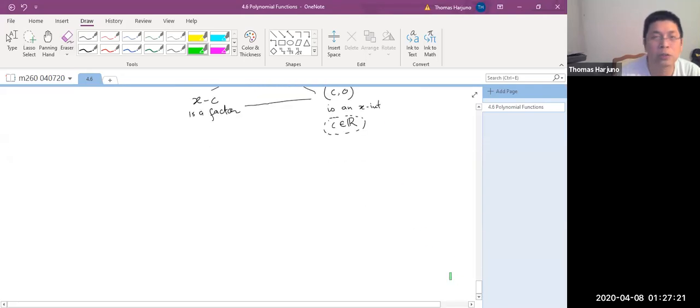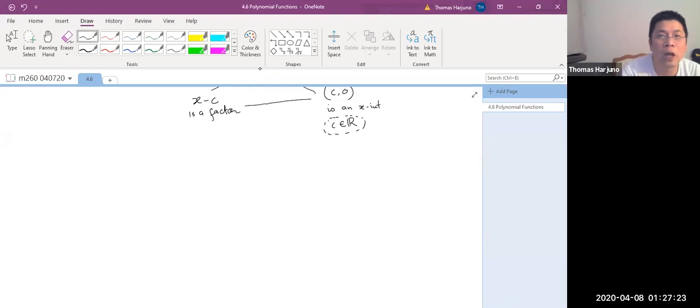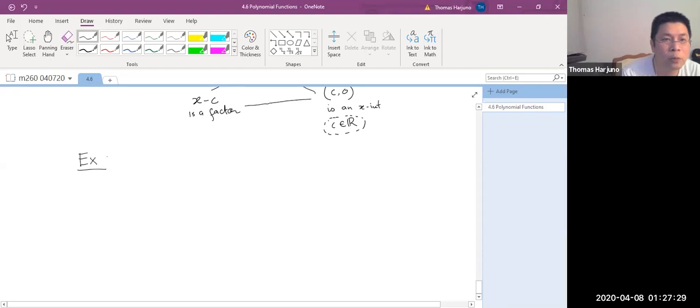I want you to read more than what our text, what the theorems, say. Suppose, for example, I have this polynomial, P(x) equals, let's say, x cubed minus 4x squared minus 9x plus 36.